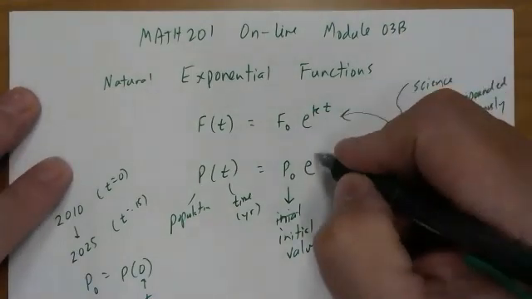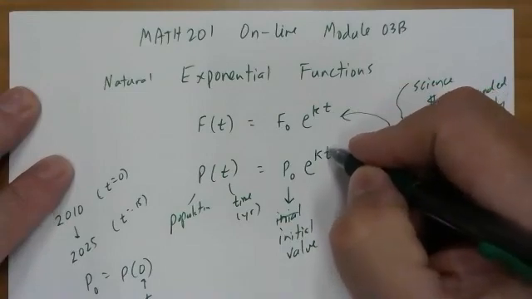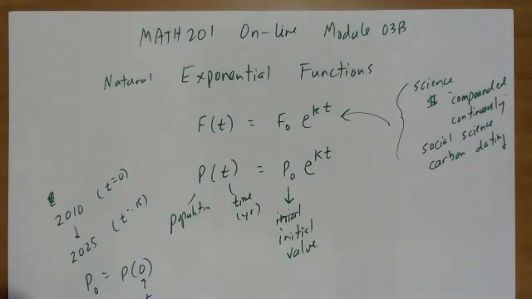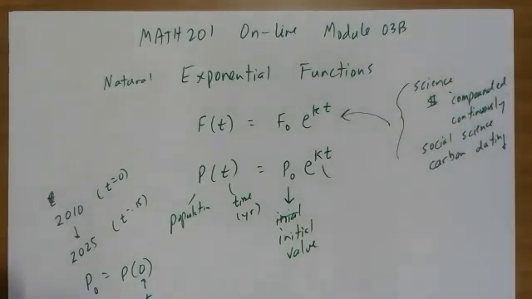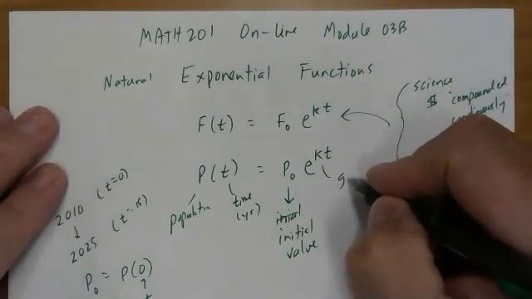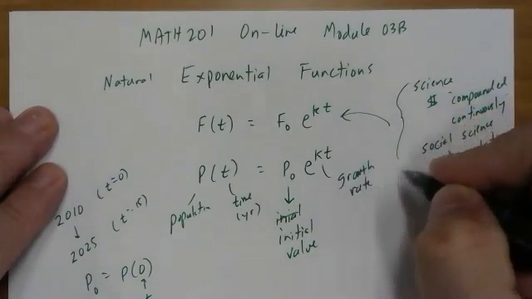And then we've got KT. Well, for our example, T, once again, is time in years. But then what is K? Sometimes they give K a different name, but oftentimes I like to call it the growth rate.